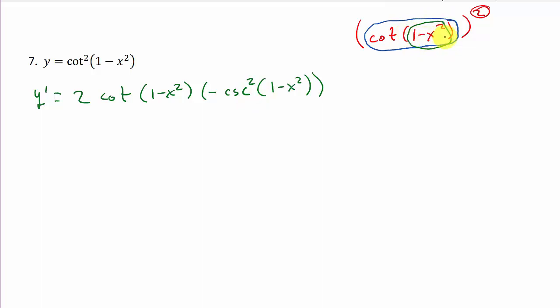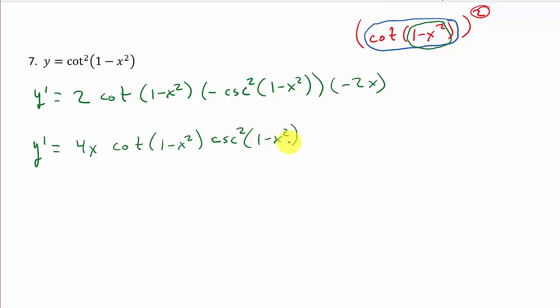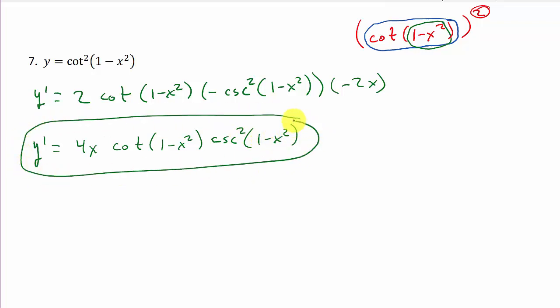So the derivative of 1 minus x squared is negative 2x. Okay? Alright, so now I've got y prime is, let's see, the negative and negative is positive. 2x times 2, that's 4x. And that's going to be cotangent 1 minus x squared times cosecant squared 1 minus x squared. And there's your answer.